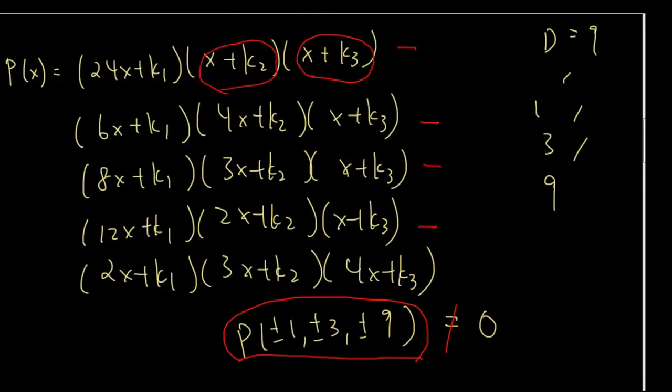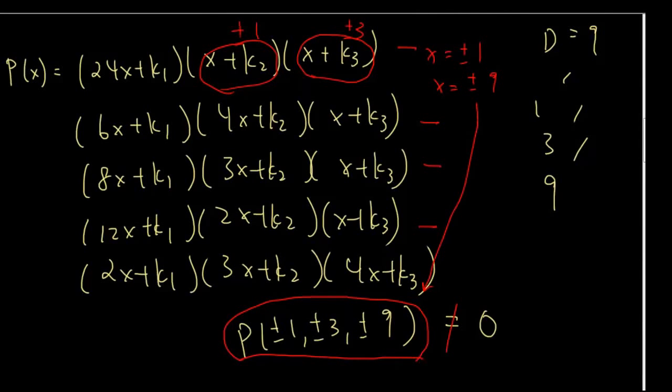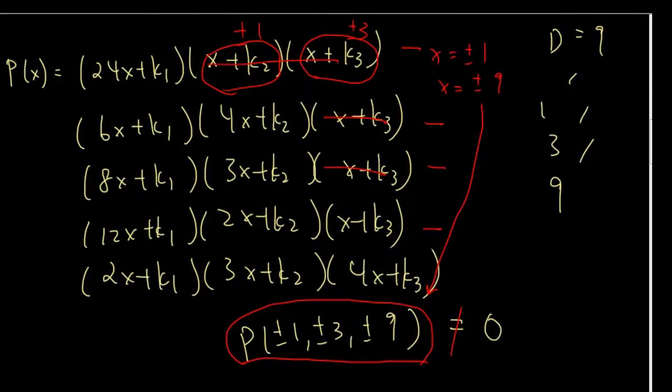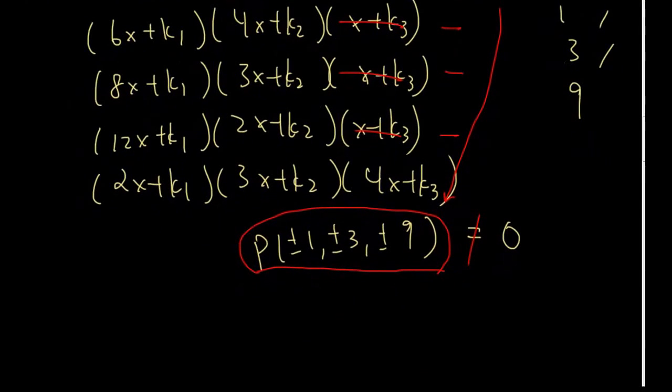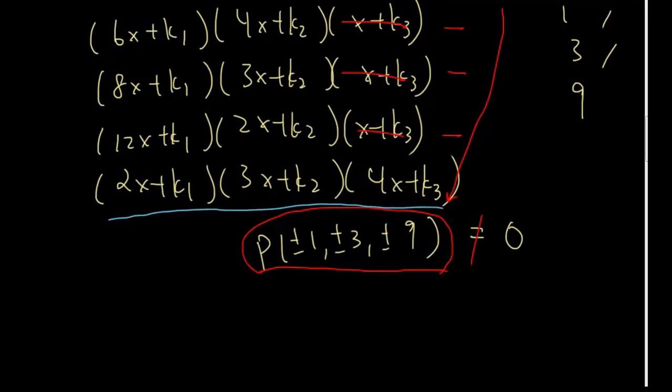If x were plus or minus 1 or plus or minus 9, you would put that in here, however that's not the case, because it doesn't give you a 0. So these can't be your factors. The only possible factor is this line.